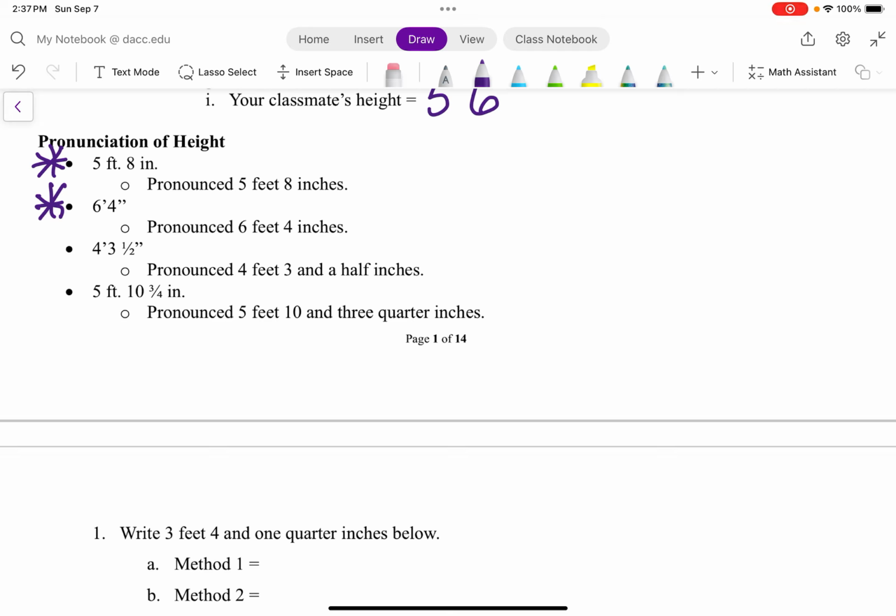And now you can see that we have some fractions, some partial inches here. This third example would be pronounced 4 feet 3.5 inches. The last one here is pronounced 5 feet 10.75 inches.